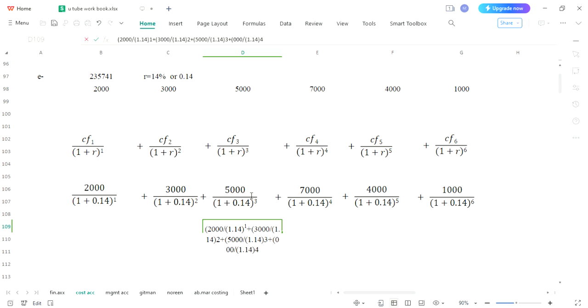Write down 7000. For fourth, go for fifth cash flow, and amount of fifth cash flow is 4000. Alright, and then last we do have sixth cash flow, and amount of sixth cash flow is 1000. Put it over here as 1000.